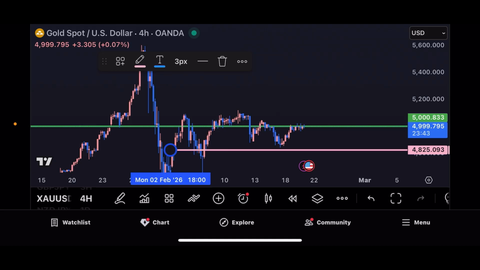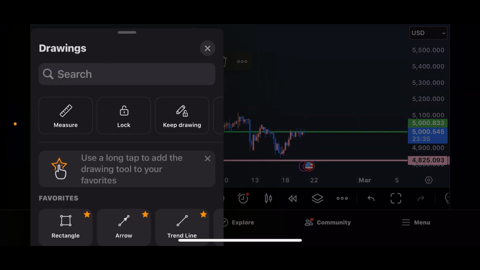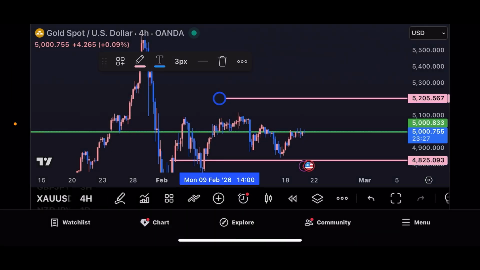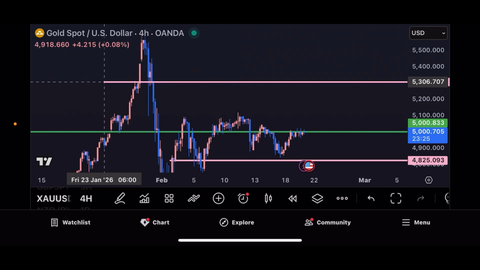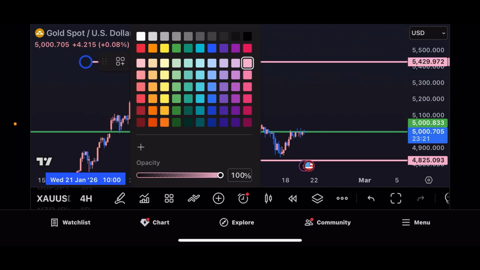So the green line is going to be my entry point. The pink line is going to be my stop loss area. And then I'm going to place one more line on the chart so that it can be my target profit area, which is the amount of pips that I will gain in the trade if it does go in my direction.